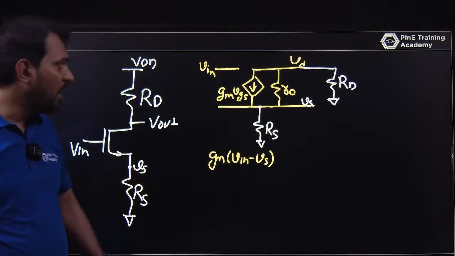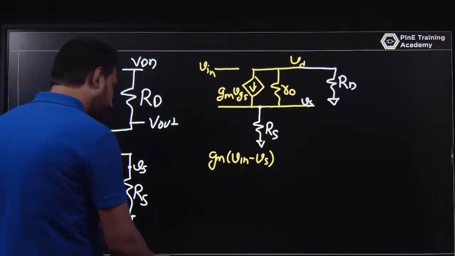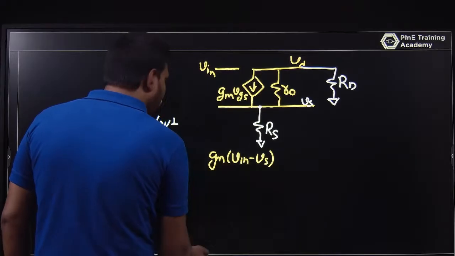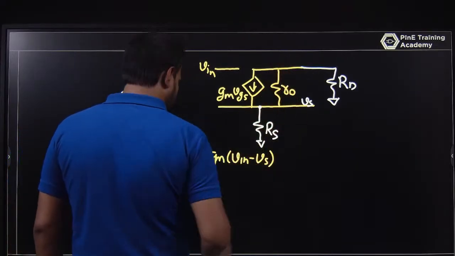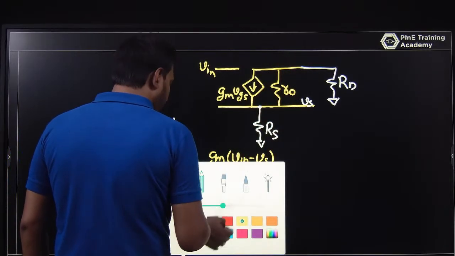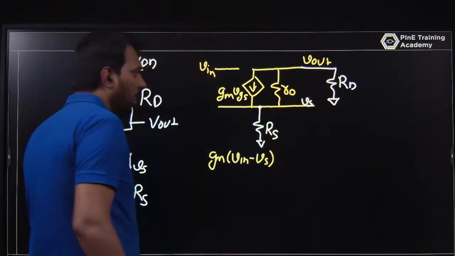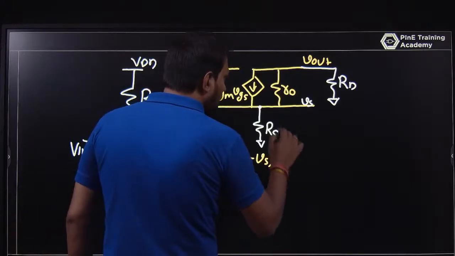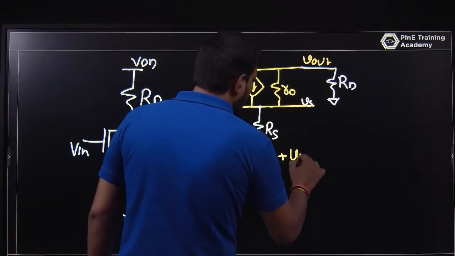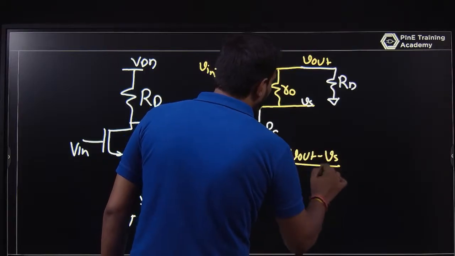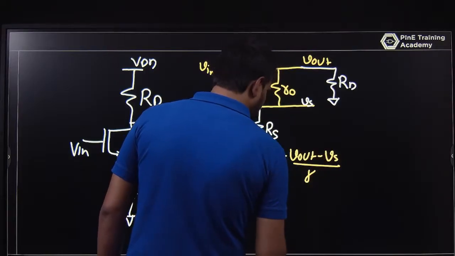So GM times V in minus VS, and this VD behaves like V out. So this is V out here. And this is also entering, that is V out minus VS upon R naught.